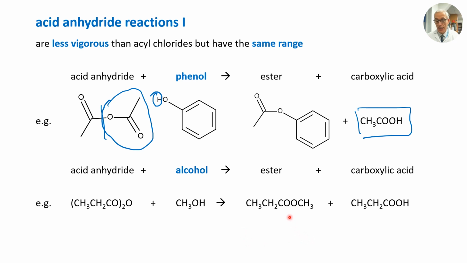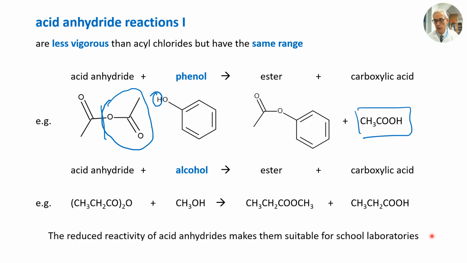Well, the ester formed is of course methyl propanoate, and the carboxylic acid is propanoic acid. Just to emphasize, you have met acid anhydrides because they are less reactive than acyl chlorides and therefore safer and more suitable for school laboratories.